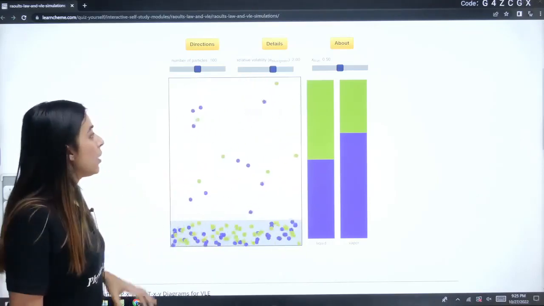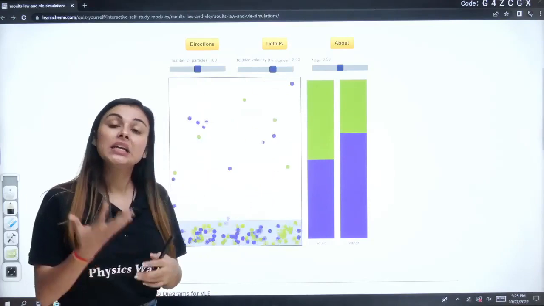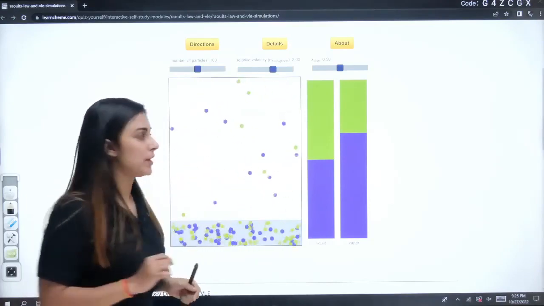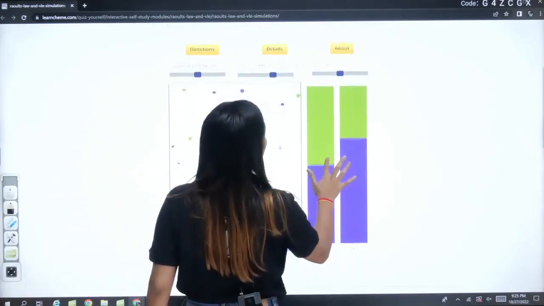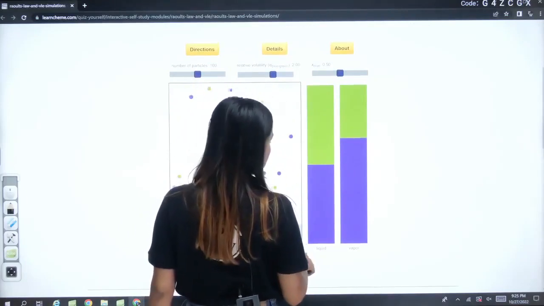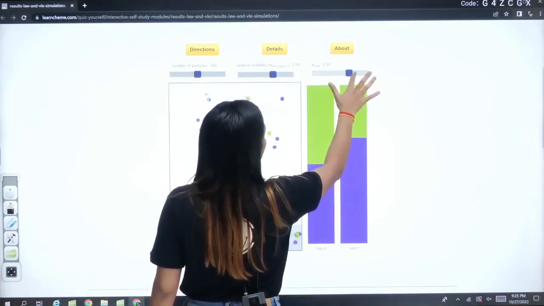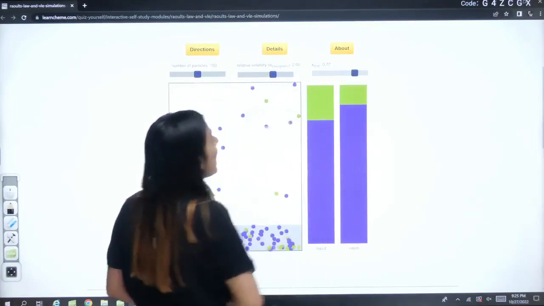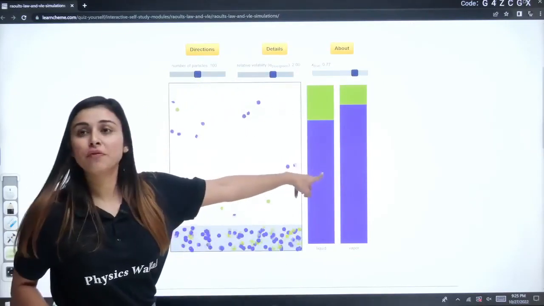Now, if I increase the mole fraction of one component, I have increased the mole fraction of blue.